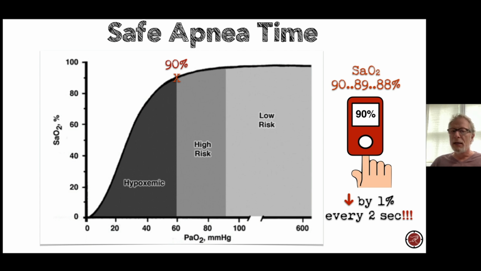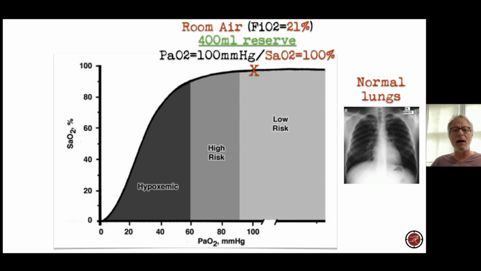So again, sats don't tell you about safe apnea time. Right now, sitting wherever you are, you have sats of 100%, you're breathing room air, but you only have about 400 mils in your FRC of reserve. Your PO2 is 100, and your sats are 100%. You've got normal lungs, but how long will it take you?